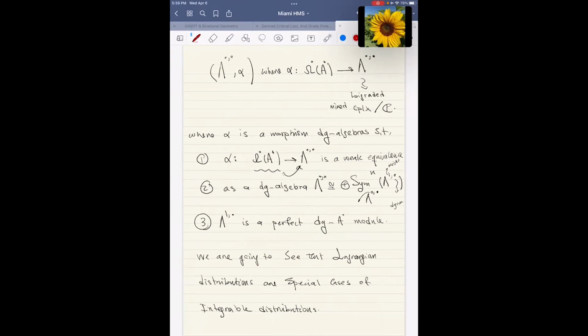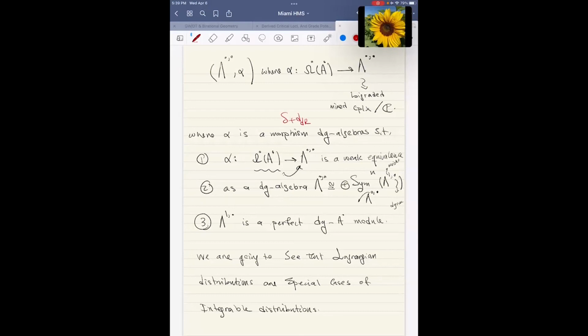There are two differentials, the homological differential and also the derived differential. You mean with respect to the total differential or one of them? With respect to, a good question, delta plus t times d_dR. With respect to delta plus d de Rham.